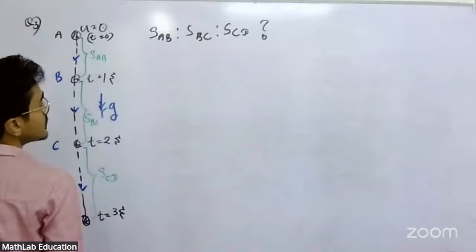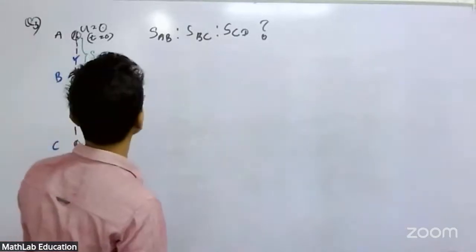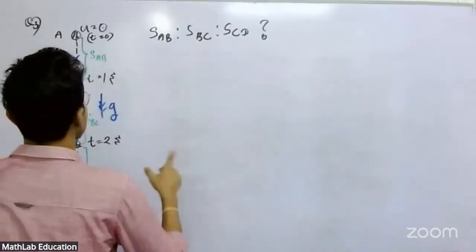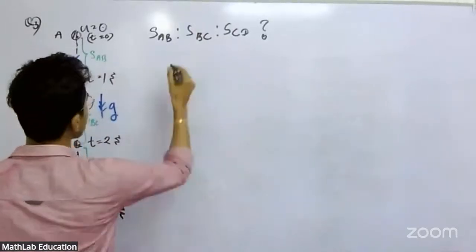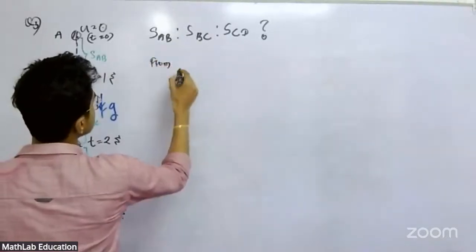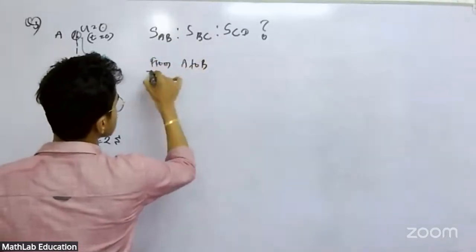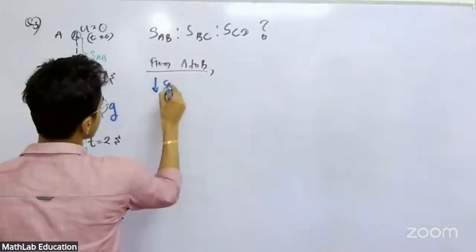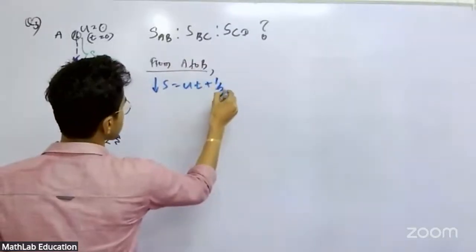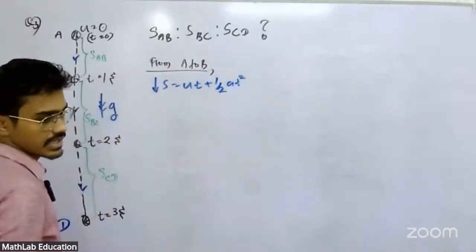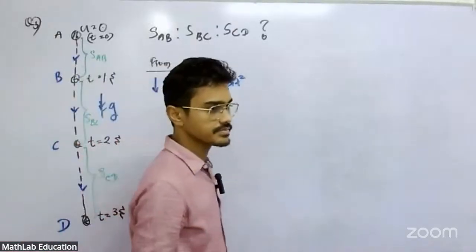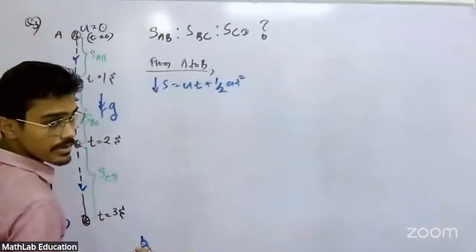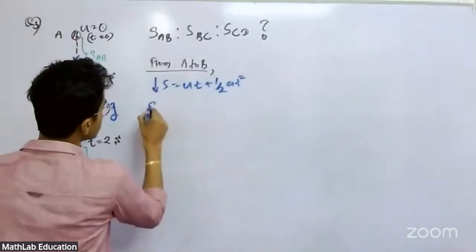Now, I'm going to do something like this. First, I'm going to get SAB by using an equation from A to B. From A to B, this is my section. I'm going to use S equals UT plus half AT squared vertically downwards. Then from A to B, it measures SAB.